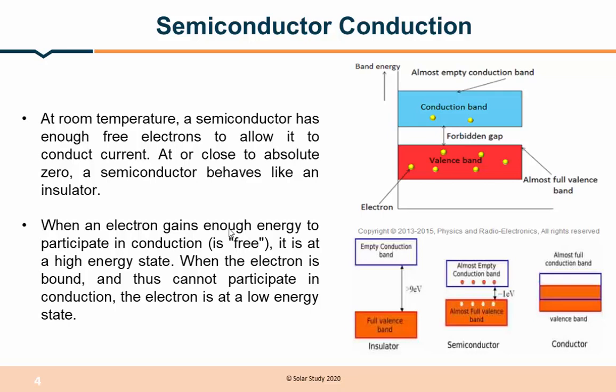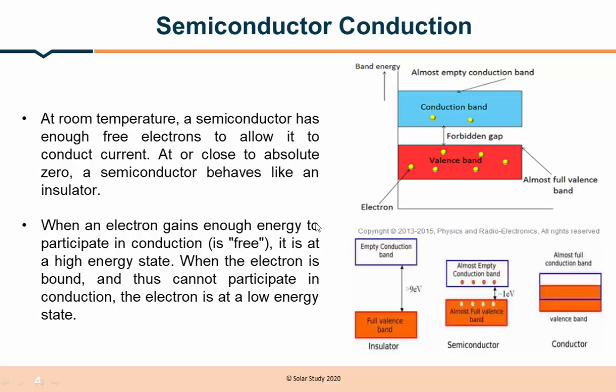Then what happens? Basically, electrons are in a lower energy state. As I explained in lecture 3, how electrons move from lower energy to higher energy and how a photon is incident, the same concept we will use here. At room temperature, some electrons are present in the lower energy state, which we may call the valence band.